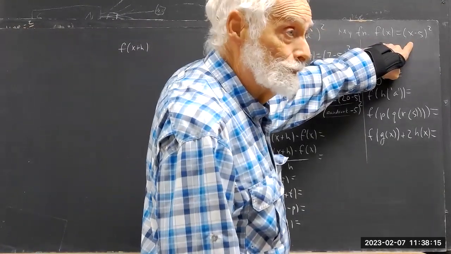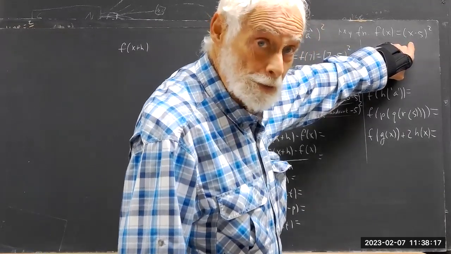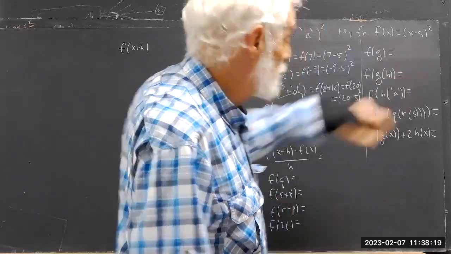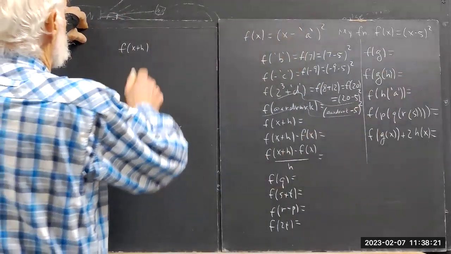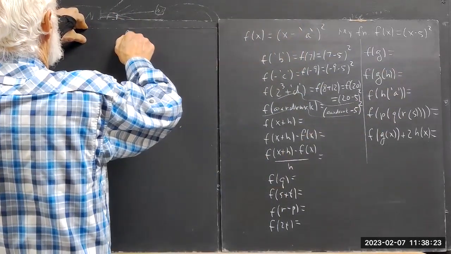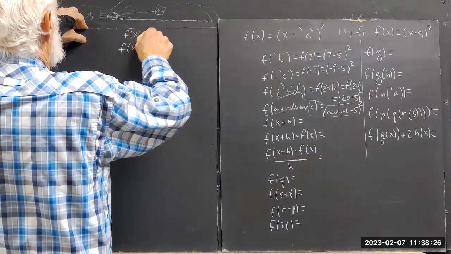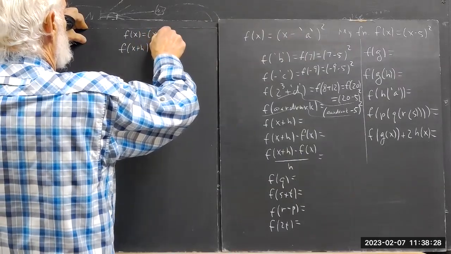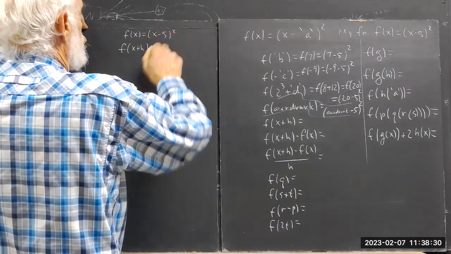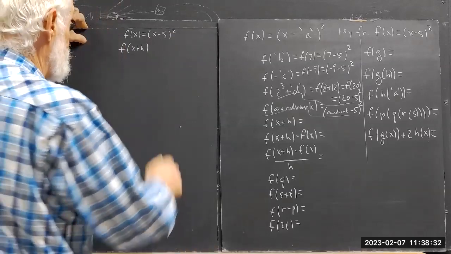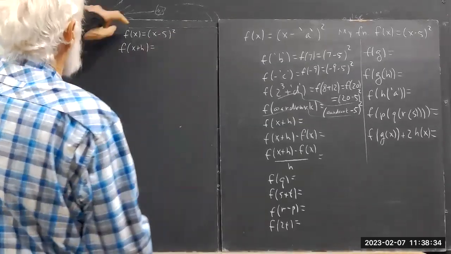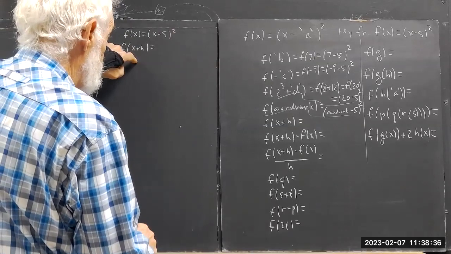And here's x. It gets replaced by x plus h. It's that simple. So let's just write down what f of x is, just for reference. F of x equals, in my case, x minus 5 squared. We've got a different number there. That's all there is. Okay, now x has been replaced by x plus h.